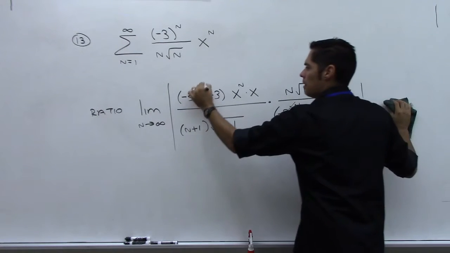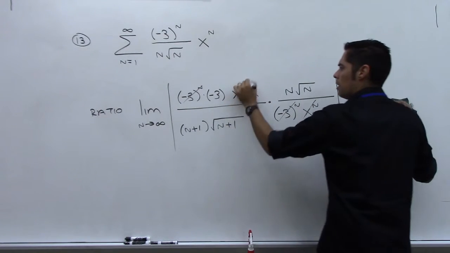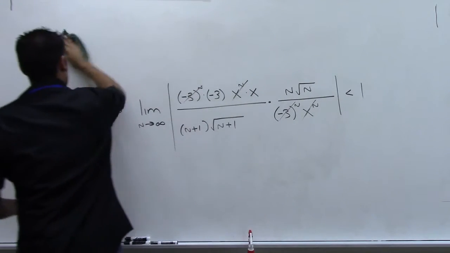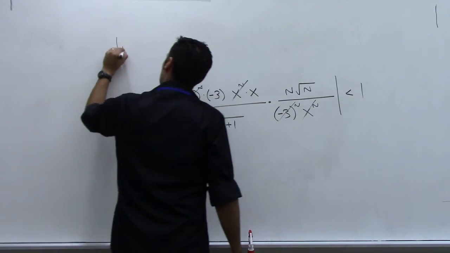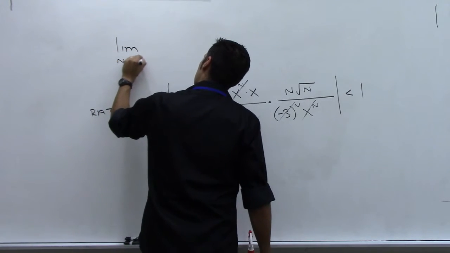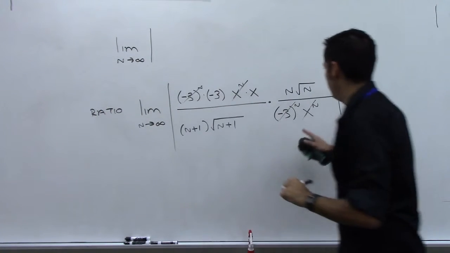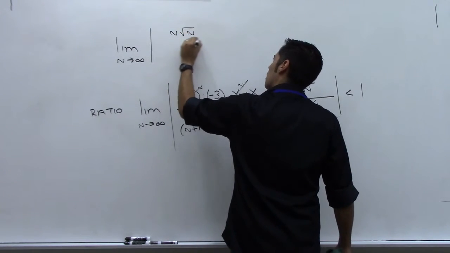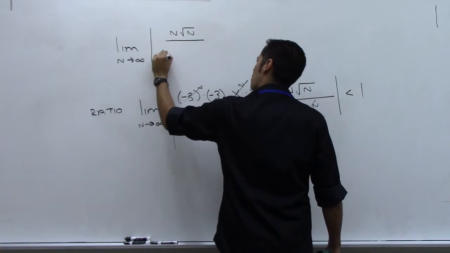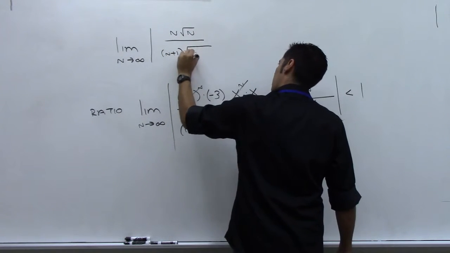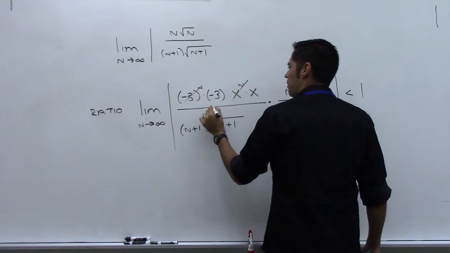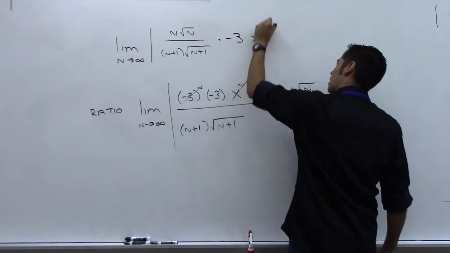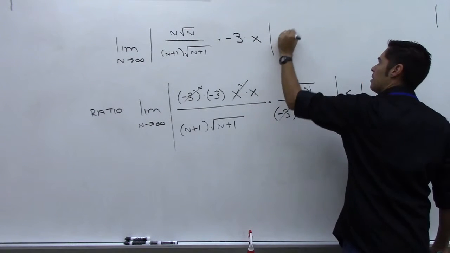And so what I'm left with is the limit as n goes to infinity of, okay, my n stuff here, n root n over n plus 1 times root n plus 1. Now I also had a negative 3 up there. I'm going to just put that negative 3 right here, and then I'm going to put my x right there, and then less than 1.